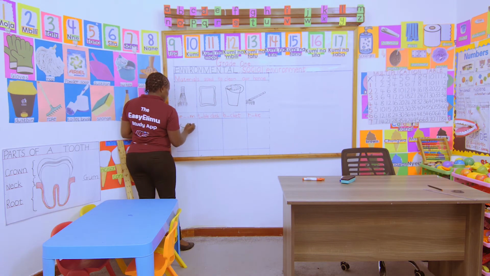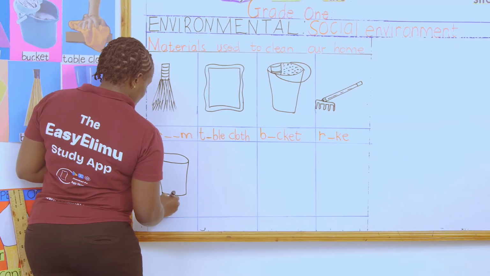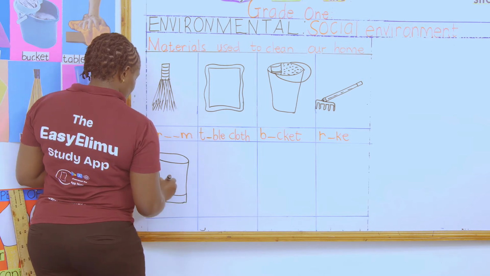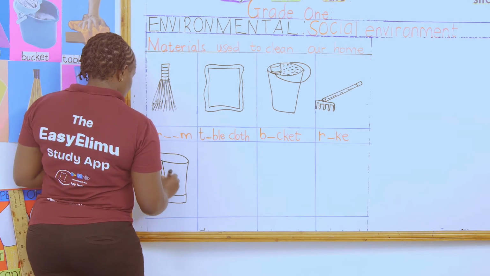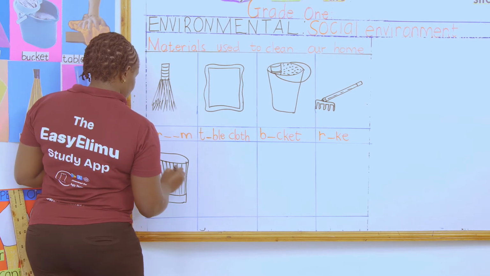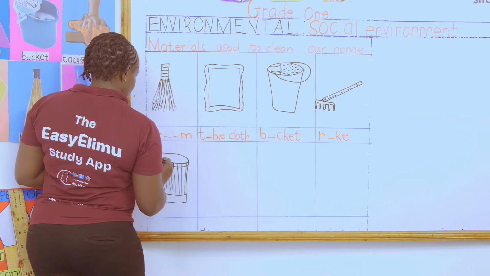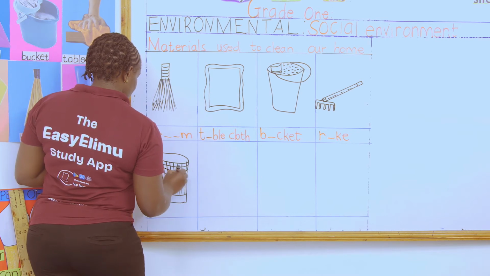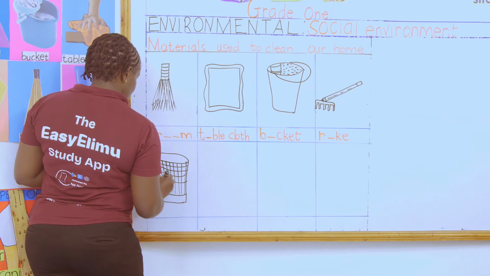Then I have swept the house nicely. And now I need a place where I will put the dirt that came from the house. How do we call that place?